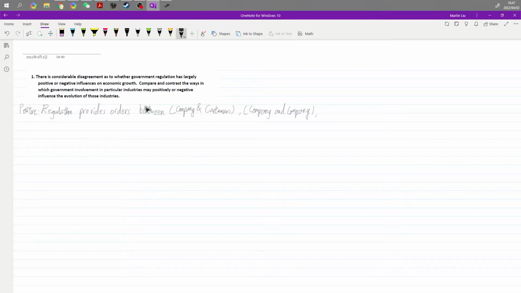And it also has an additional effect, the most relevant to this course, which is between the incumbents and the entrants.